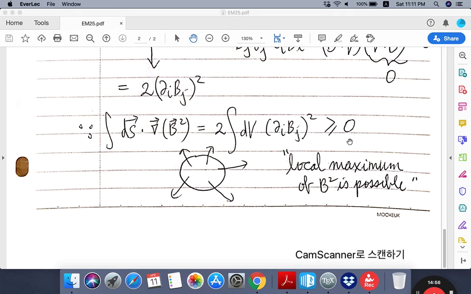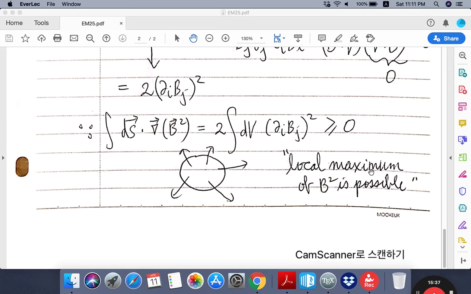So here's the statement of Thomson's theorem in magnetostatics. What Thomson's theorem states is that in magnetostatics, in free space where there's no current density, you can have a local maximum of the magnetic field, which is quite different from Earnshaw's theorem, saying that you cannot have a local maximum of the electrostatic potential. But it's still impossible to have a situation where the magnetic field size is a local minimum.